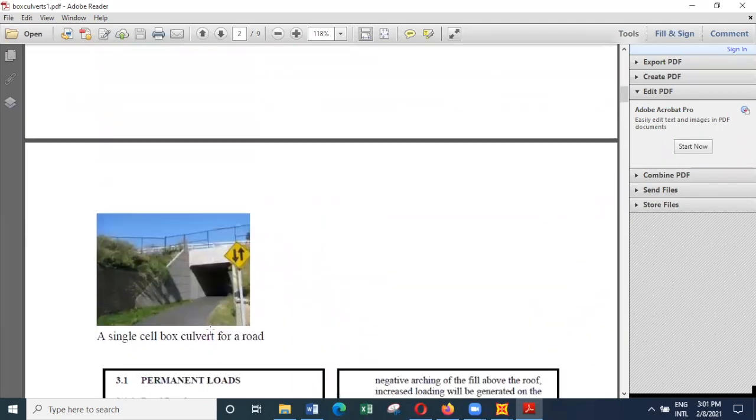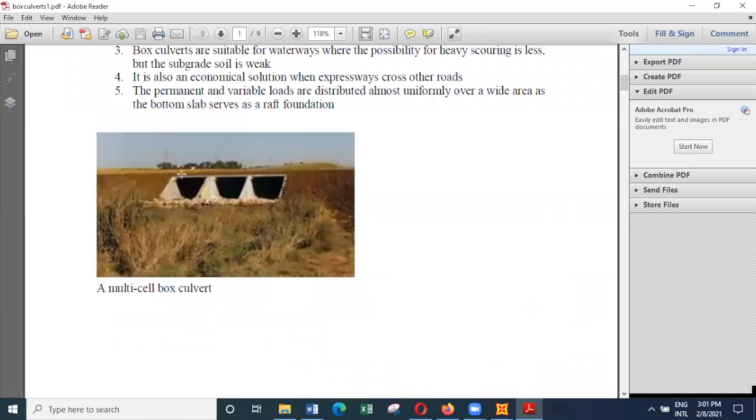In the case of box culverts, we have some soil fill here, and sometimes you can have even 2-3 meters of soil fill above the box culvert. In such situations, sometimes you will get slightly higher loads than the load directly above, and that occurs due to some arching action that can occur in the soils. So when you are designing box culverts, if the soil is thick, then we'll consider this arching action.